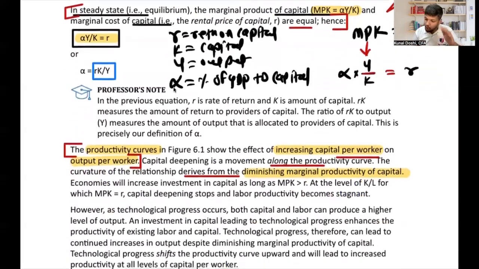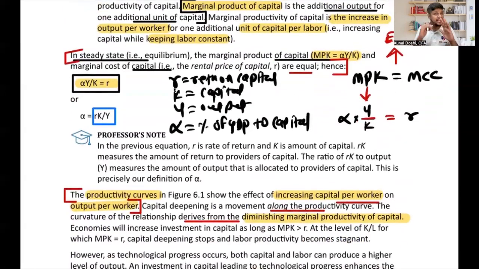Overall, what is the conclusion? If the economy is steady, every 1 unit of capital that you put will lead to an increase in GDP, but that will exactly match the cost. Now, these two things should match.